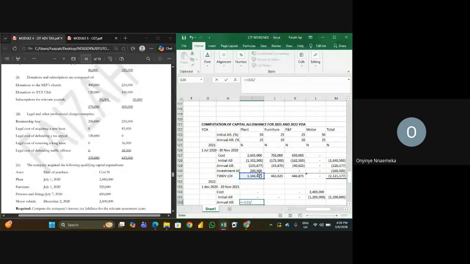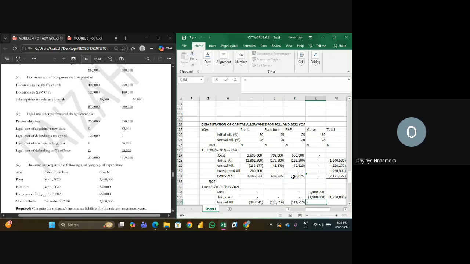After the 4 years, we have used 1, remaining 3 years. And that's what we are going to have for plants. For furniture, useful life is 100 divided by 20%, which is 5 years. We've used 1 year, so we have 4 years left. Same thing with these fittings, equals this one divided by 4.